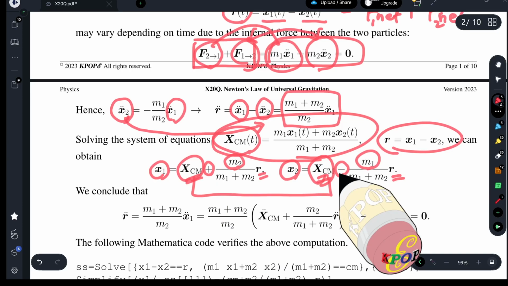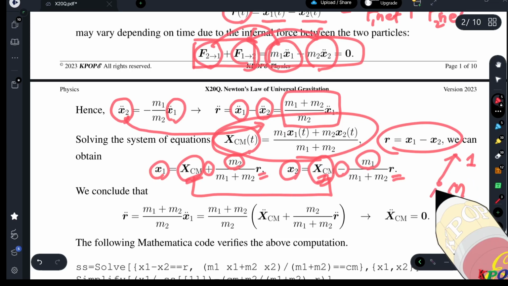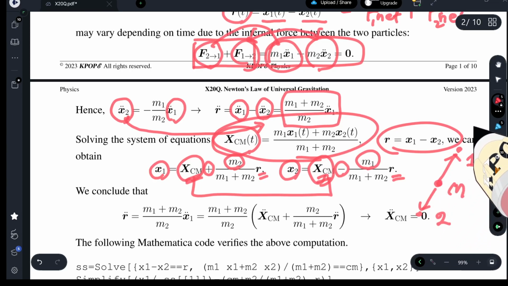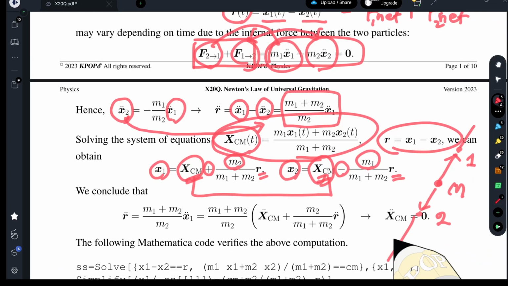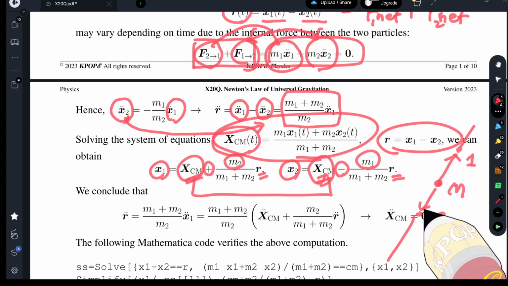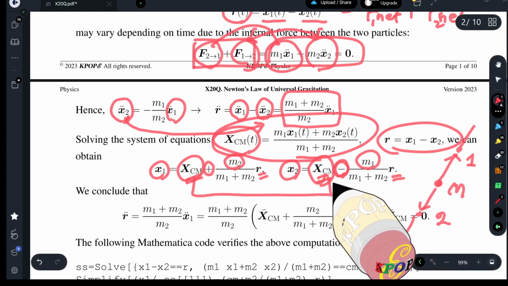We have the center of mass, and particle 1 is somewhere around here, and particle 2 is there, and particle 1, particle 2, and the center of mass are all aligned on a single straight line. Because the center of mass is between them, their directions from the CM to 1 and the CM to 2 are opposite. This represents this relation.